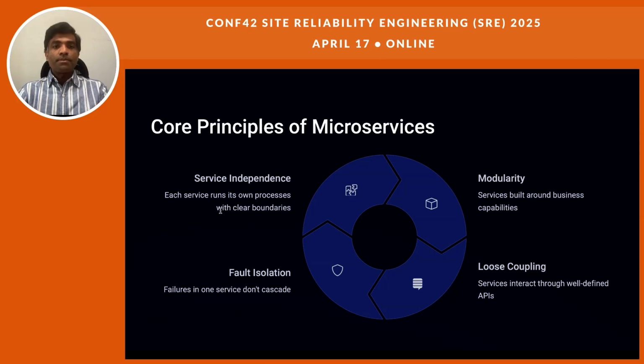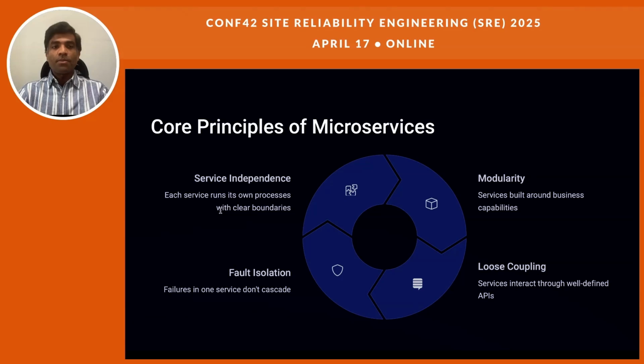Apart from the basic four foundation principles that we spoke about, we have a few other concepts like decentralized data management, where each service typically owns its own data store. And we have scalability and autonomy, where each microservice can be independently scaled based on the demand for that specific microservice.